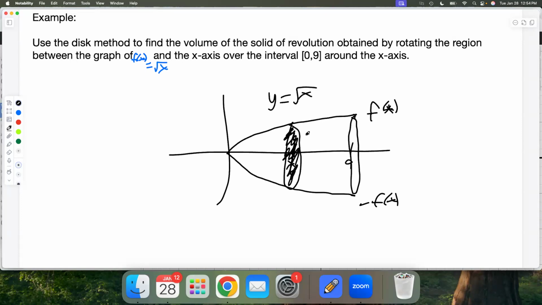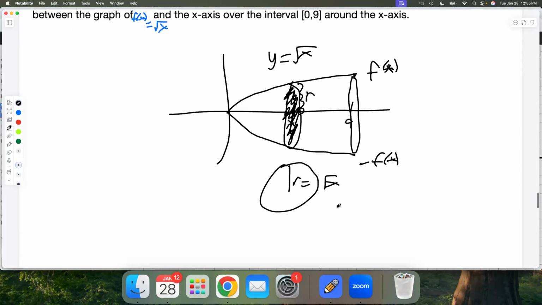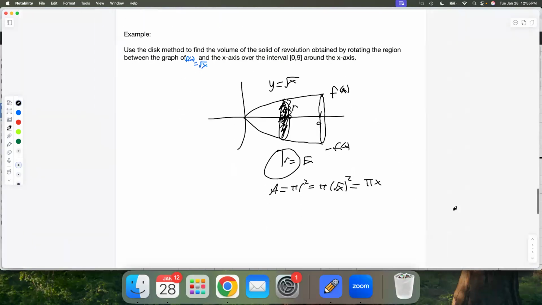That cross-sectional area, that's just a circle where this radius here, let's call it r, that distance is just square root of x. Remember, the cross-sectional area is always going to depend on x. It's a function of x. Then the area of that circle, it's pi r squared, will be pi square root of x squared. So just pi x.